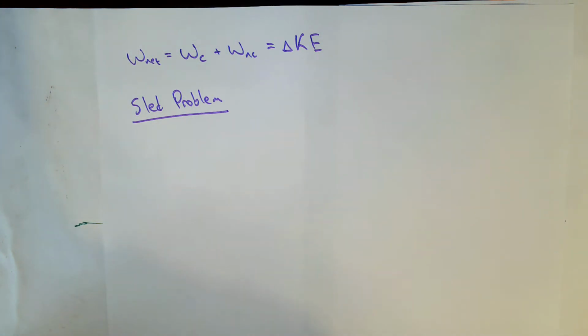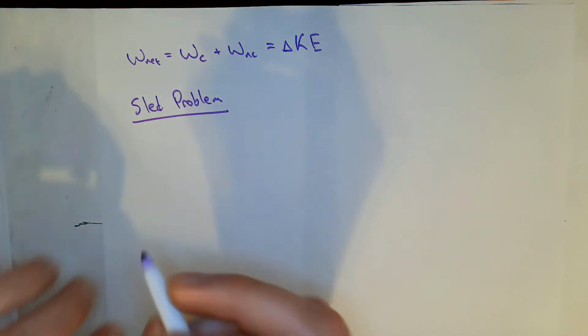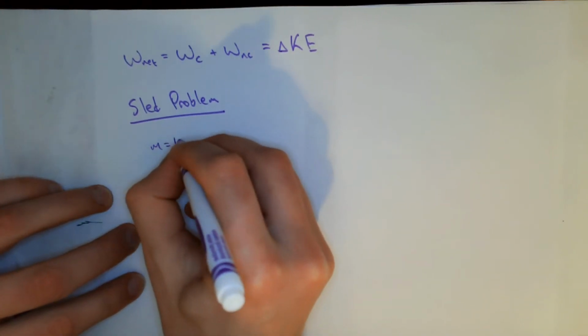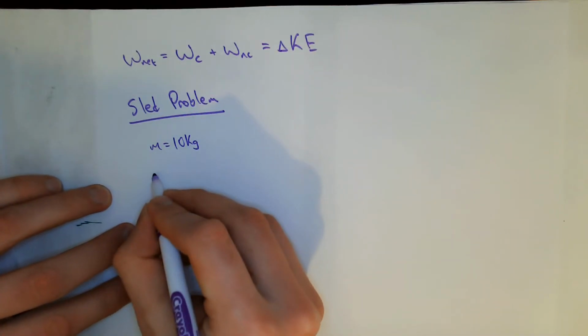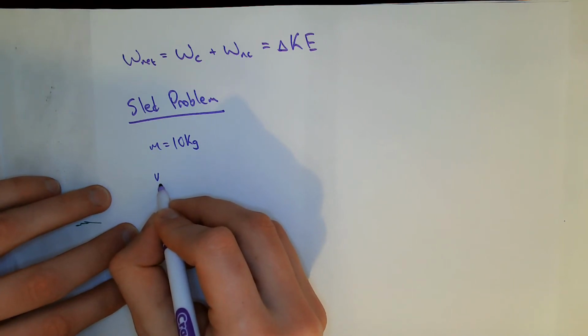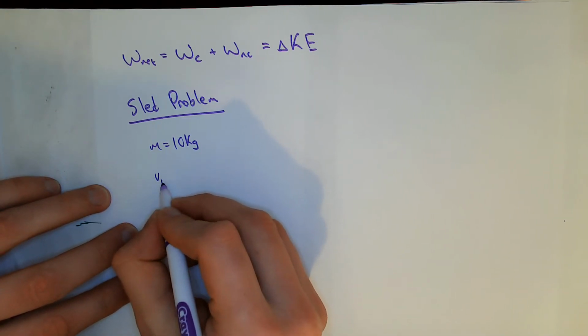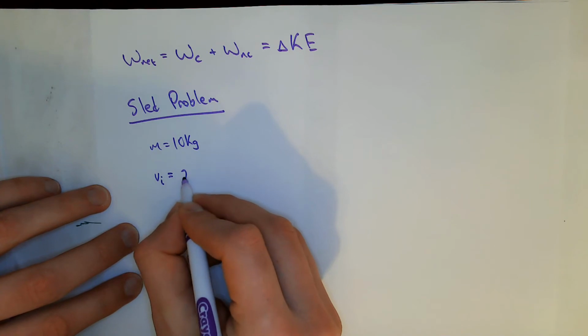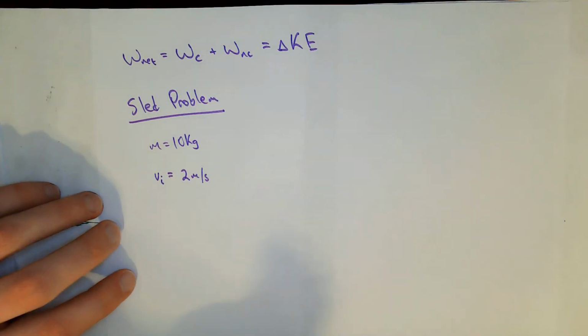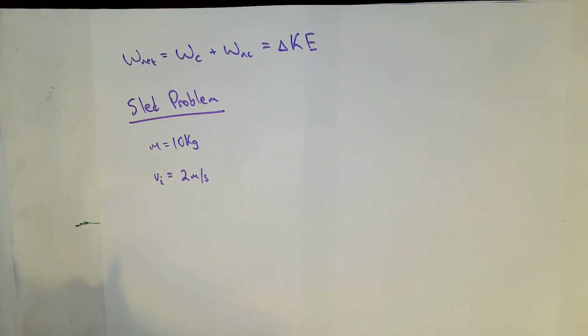So we've got a sled. Oh, did I write down what I needed from it, though? Right. Okay, so we have a sled that was pushed. It's a 10 kilogram sled that was pushed with some force that gave an initial velocity of 2 meters per second, if I remember right. All right.